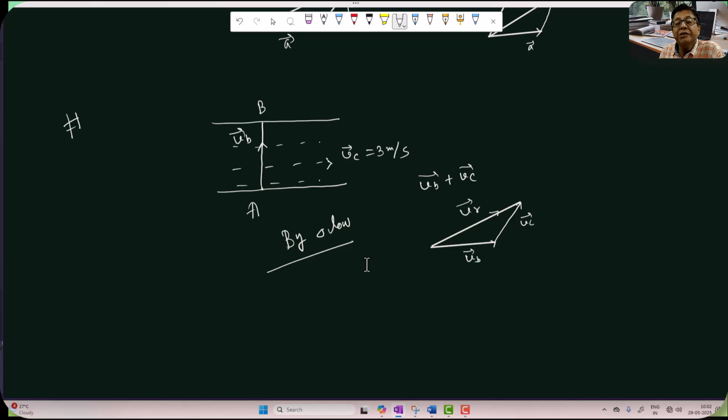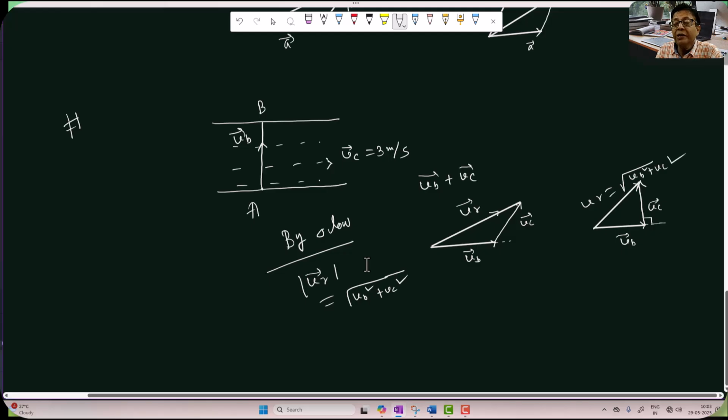You can get it by using the formula for triangle law. Formula will remain the same, VR equal to root over VB square plus VC square. This time, what's the angle between two vectors? This angle they have given 90 degree. So actual diagram will be like this: VB this way, VC this way. This angle is 90 degree. You find the resultant here. This is VB. This is VC.